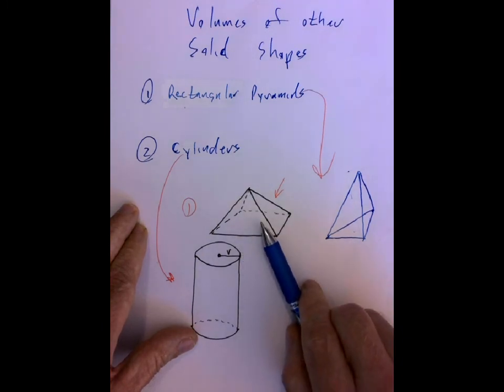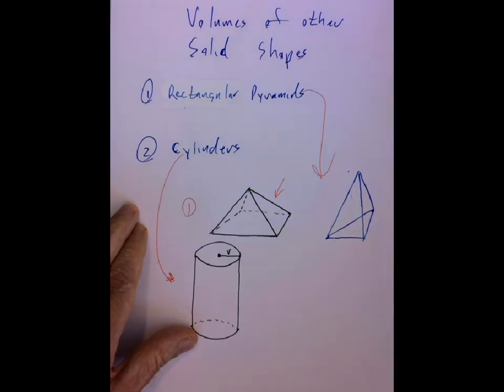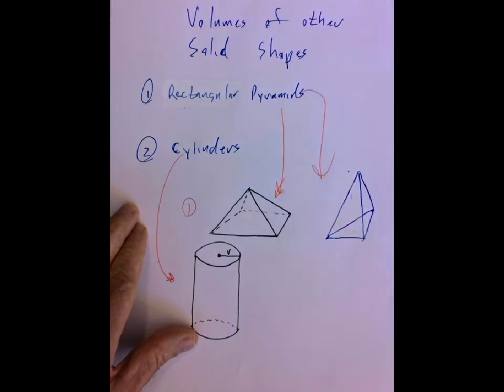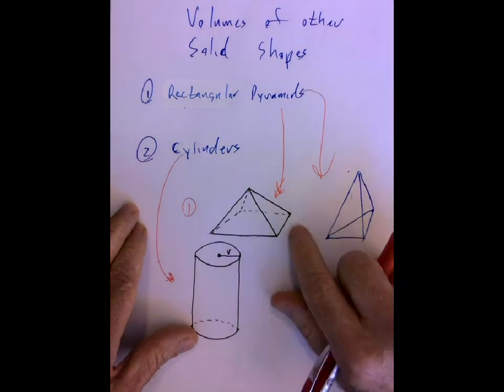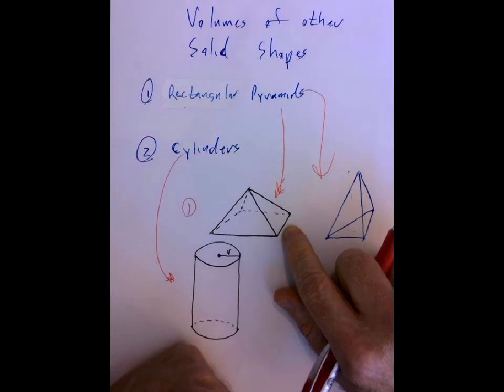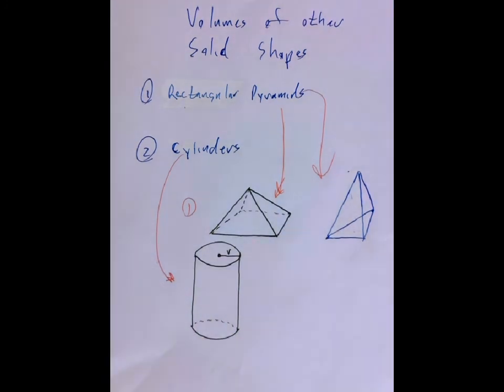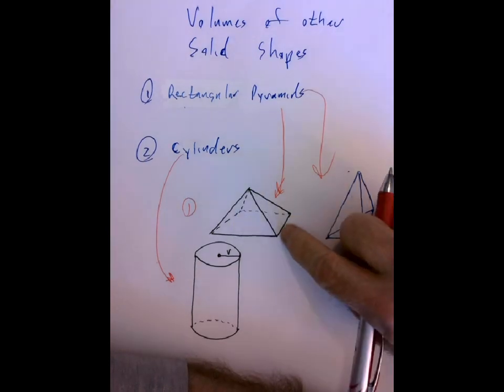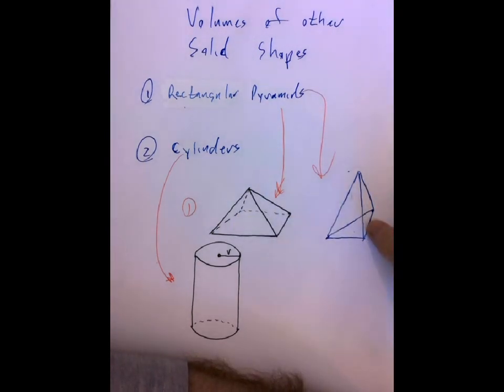So the kind that we're going to be interested in is this kind right here, which is the rectangular pyramid, meaning that the base is a rectangle. Now, there are other kinds of pyramids.